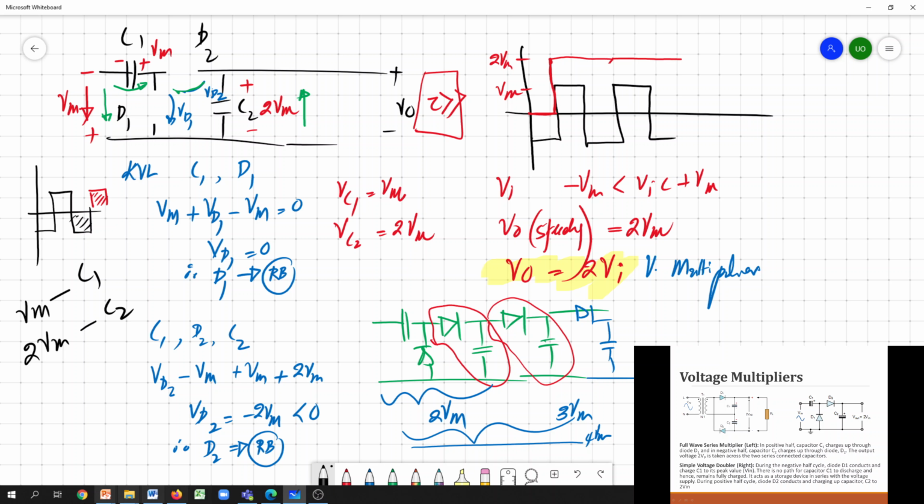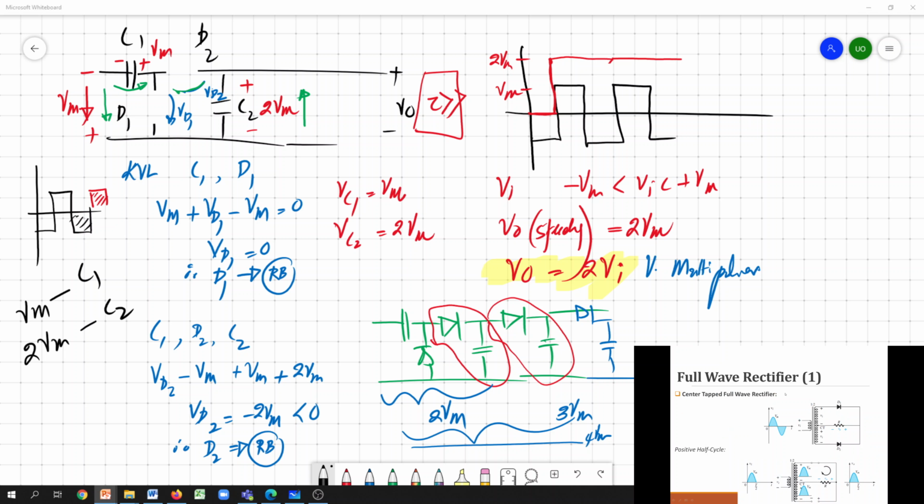You can find a lot of different configurations of voltage multipliers, but we don't need to discuss them here. With this basic explanation, you should be able to get the output for any voltage multiplier having this diode capacitor arrangement. I believe this simple explanation gives a brief overview of voltage multipliers.